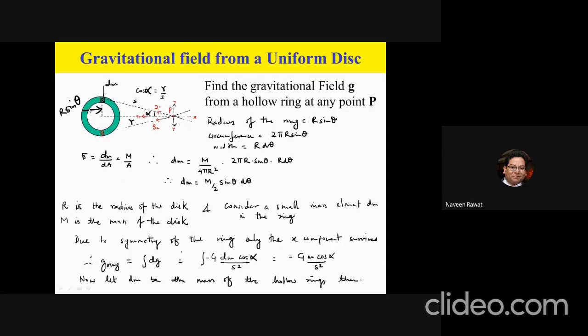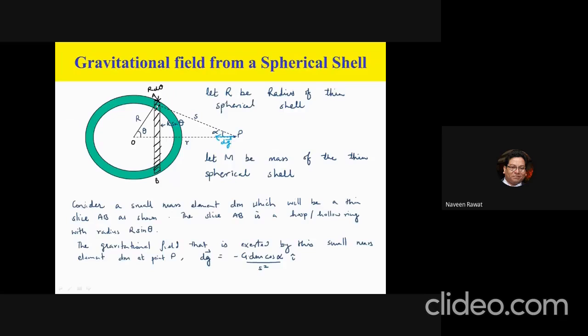R sine theta is this value, R is the distance from the center of the spherical shell. We are looking from the side view, the center and the actual width here look the same. From here what we know is that the width of this arc is R times d theta, which is this small angle here.